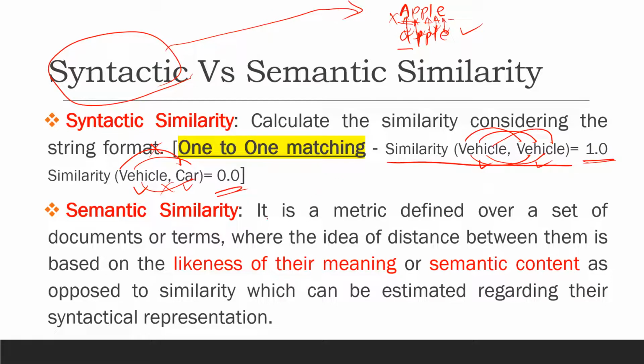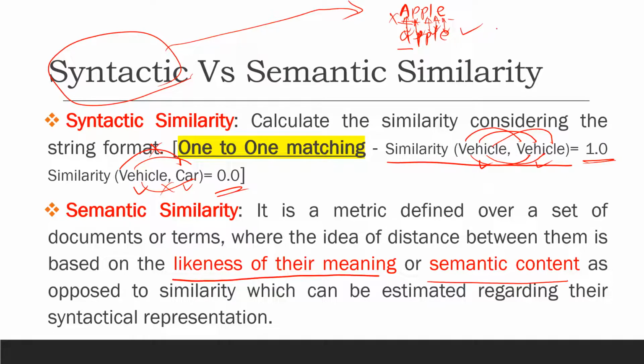If you think about semantic similarities, we look at the meaning of the two objects, not the structure. We look at the likeness of their meaning or semantic content. Let's think about synonyms. Synonyms have different words, but they have the same meaning.